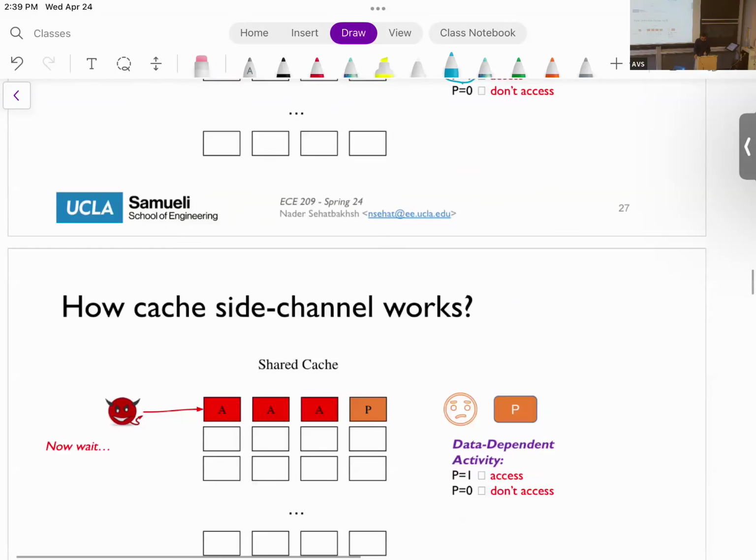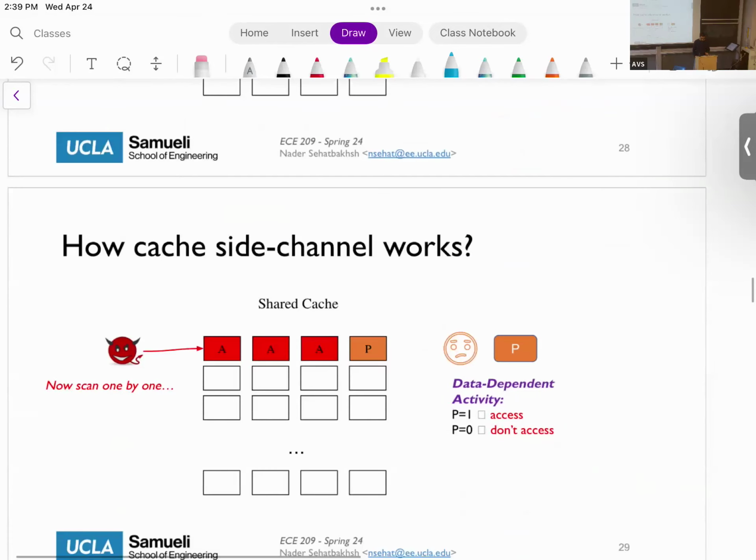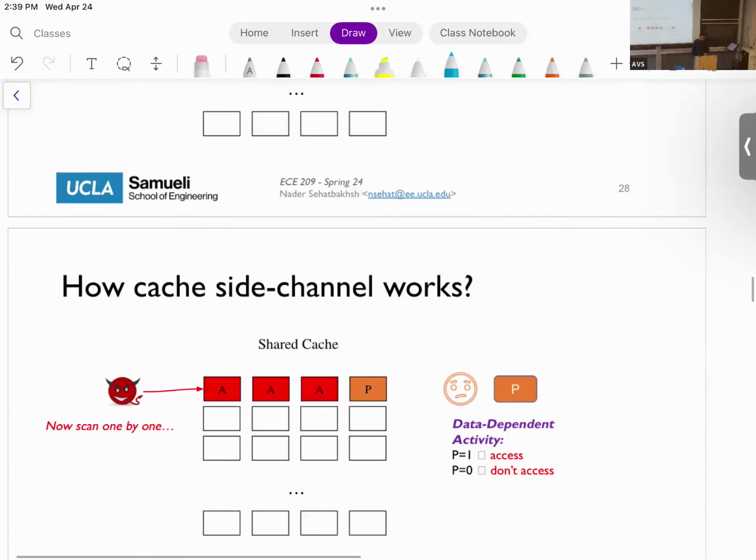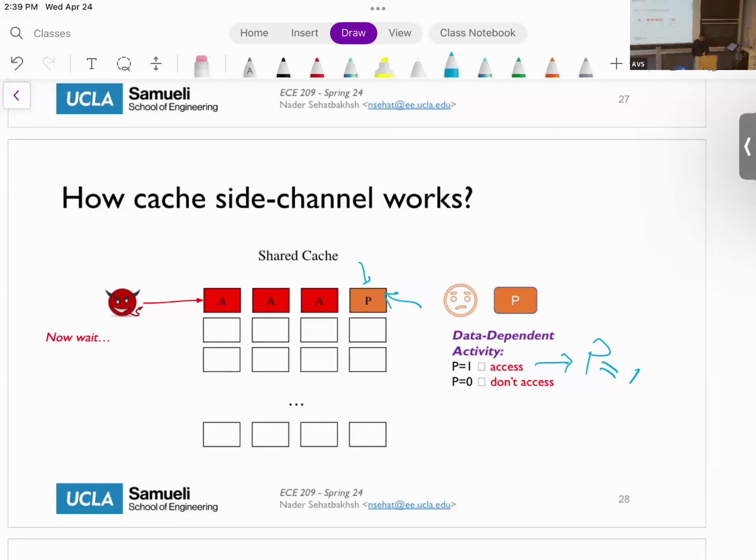So for example, let's say this one is gone and we replace it. Here we assume that P was equal to 1, so we replace this number and put it into the cache. Alternatively, it could have been that P was equal to 0, so the victim doesn't access the cache and we move on.